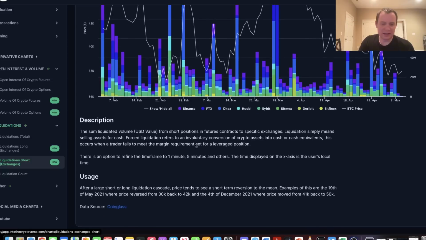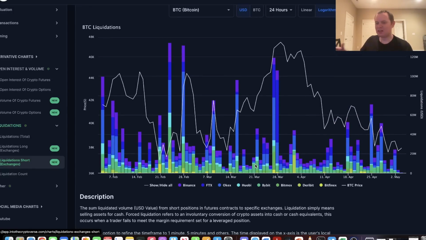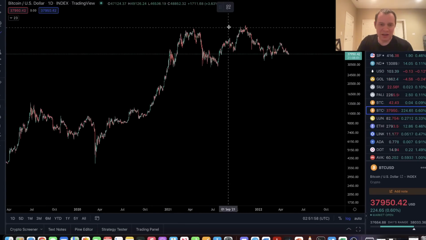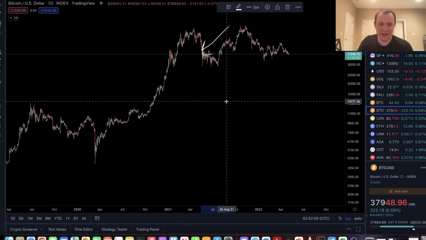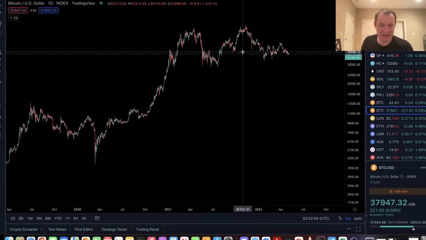All right, and it talks a little bit about how to use these things, but a lot of times what you'll see after some type of liquidation cascade is some type of reversion to the mean. Now, if you think back to what Bitcoin was doing back in, say, May, this was a major liquidation cascade where it wasn't necessarily fueled by a lot of spot selling.